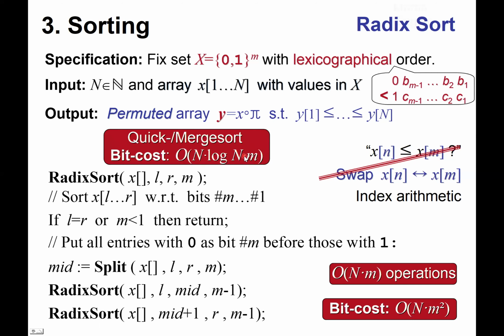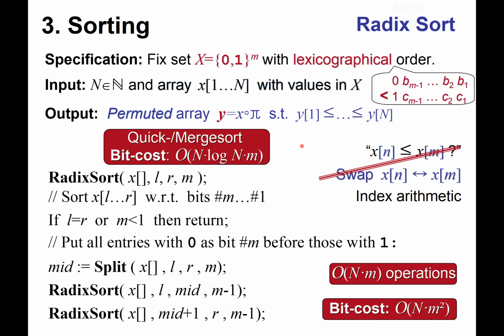So for reference, here's the statement of the bit cost of quick and merge sort, our optimal n log n algorithms counting the number of operations.